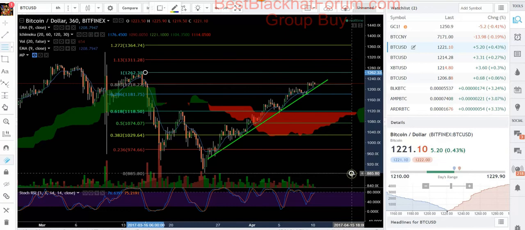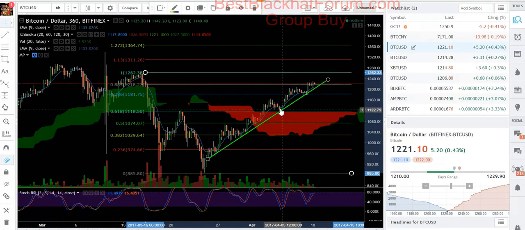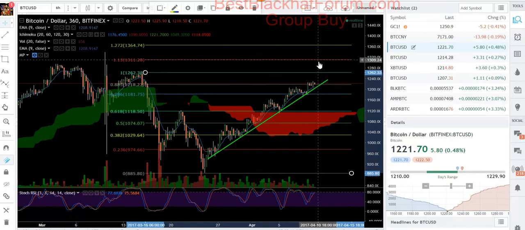We almost ran into the 88 here, and we came above the 78.6. But I would use this reading off of this move right here for my target.